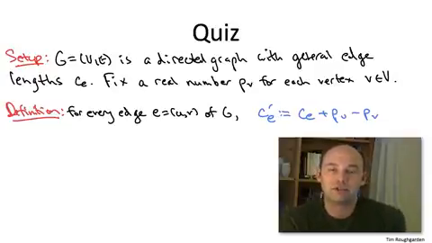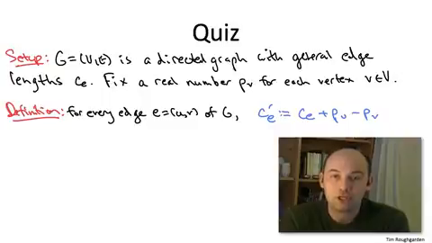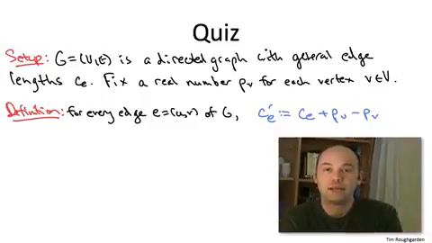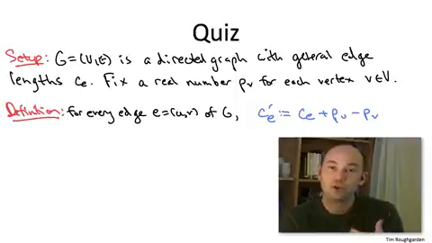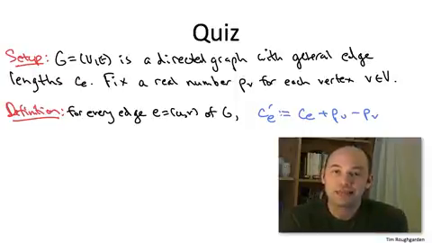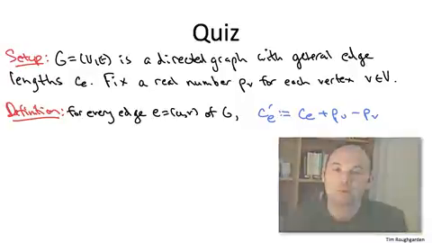Here's the exact definition. Consider an arbitrary edge e of this graph G. Let's say the edge goes from the tail u to the head v. The new length, c prime of e, is defined as the original length, c sub e, plus the weight of this edge's tail, so plus p sub u, minus the weight associated with this edge's head, that is minus p sub v.